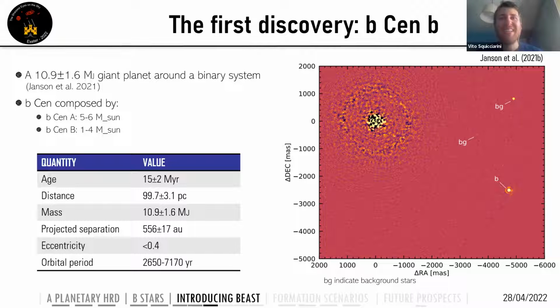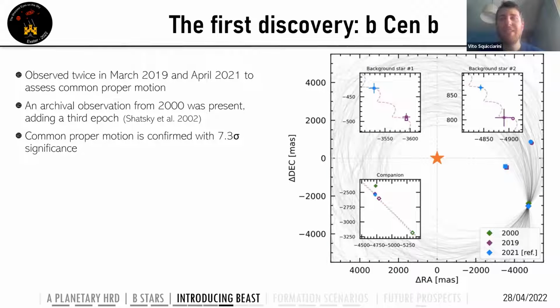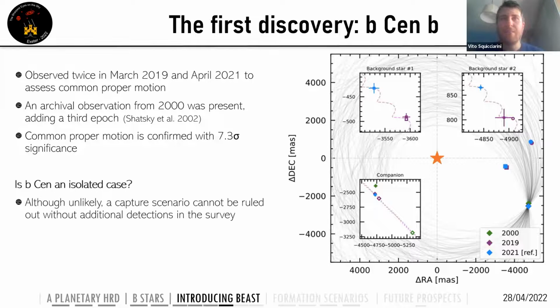It came as a surprise to our team, but we could confirm the common proper motion, because we had 2 epochs at hand and a third archival epoch from the year 2000. So we could confirm that this object is bound to the system.